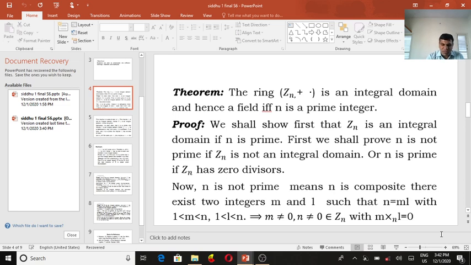For example, 3 into 4 is 12, like that. If you take it in table form for Z7, each of 3, 4, 5, 6 has an inverse.